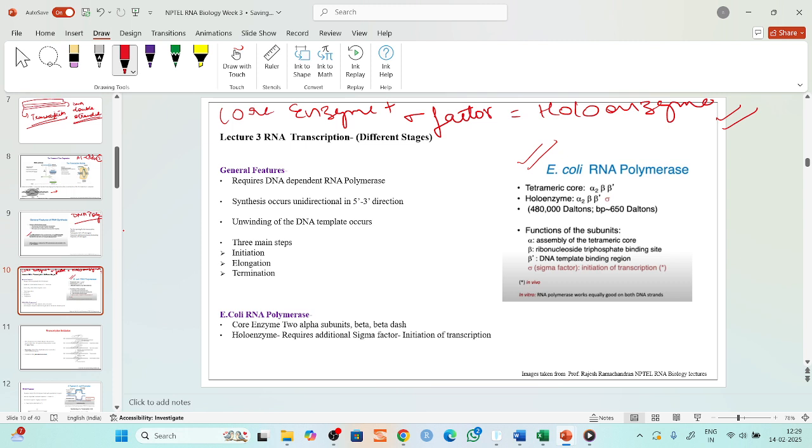Okay. This is important: the sigma factor is specific to genes and specific to cells also. It means that for certain specialized synthesis, certain specialized sigma factors are needed. Okay.